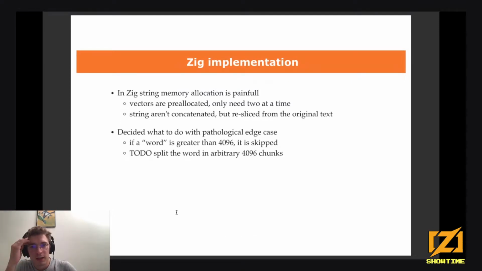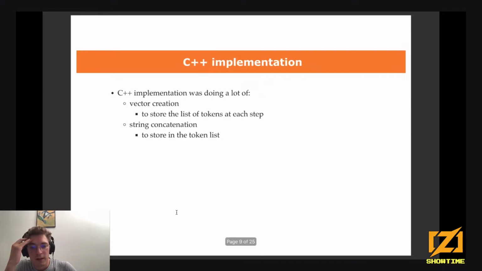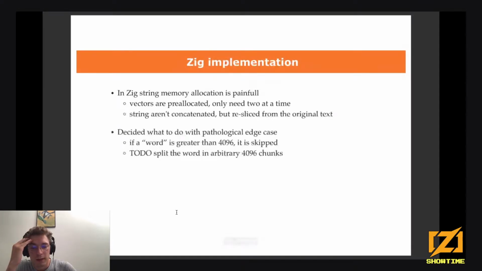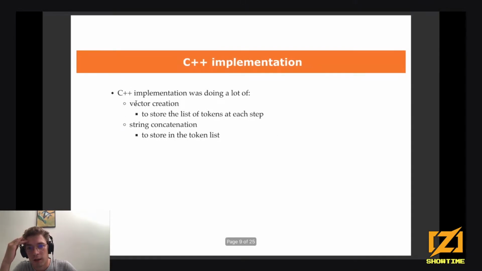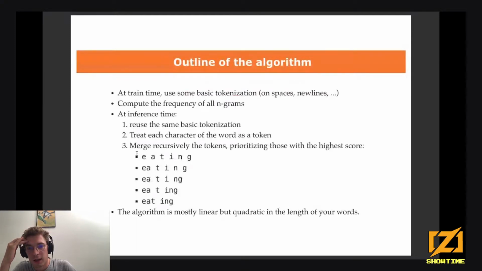My goal was not necessarily to make the tool faster, but when I rewrote it in Zig, you realize quickly that allocating in Zig is a bit painful, so you think twice when you do it. For the vectors, instead of allocating a new vector each time, I just have two vectors and swap them at every round.